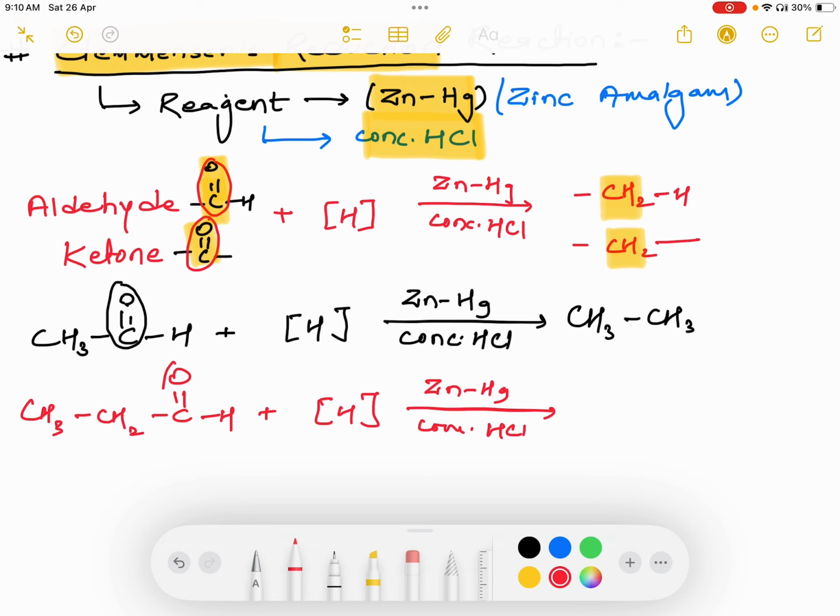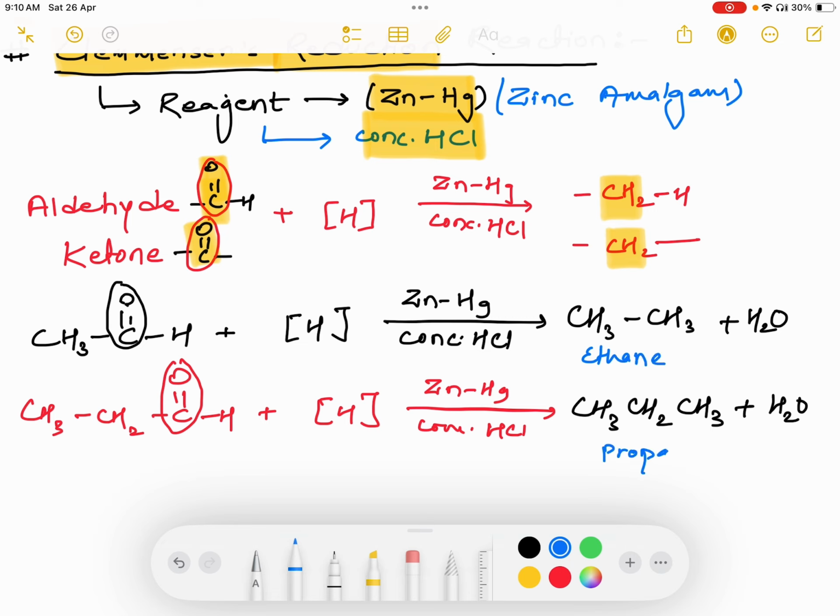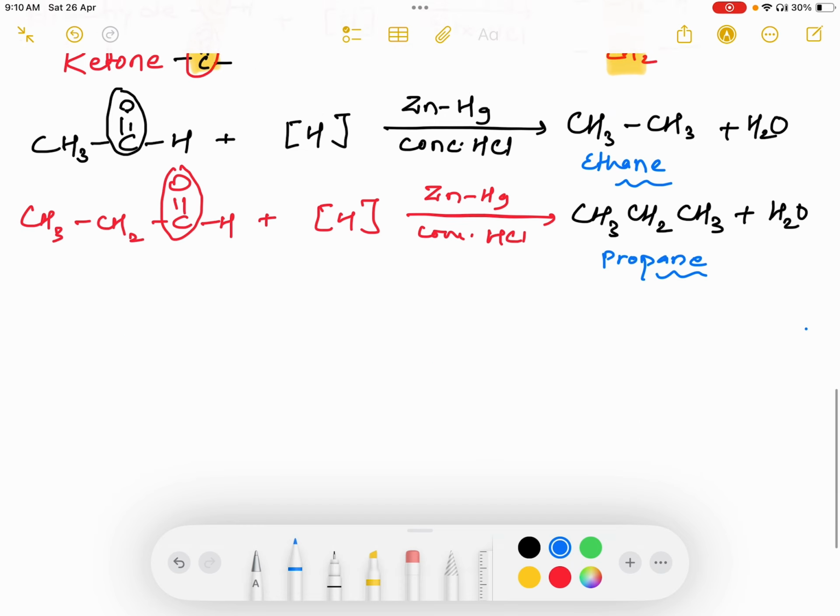What will happen? This carbonyl group will be removed and there will be the formation of CH3 CH2 CH3 along with the liberation of water. So here your product is ethane, here your product is propane. So you need to understand, alkanes are formed from aldehyde, or we can take ketone.